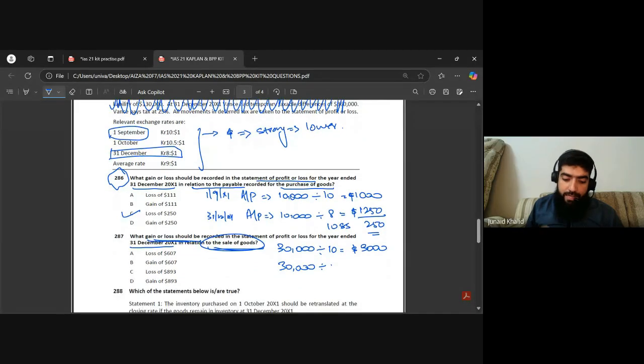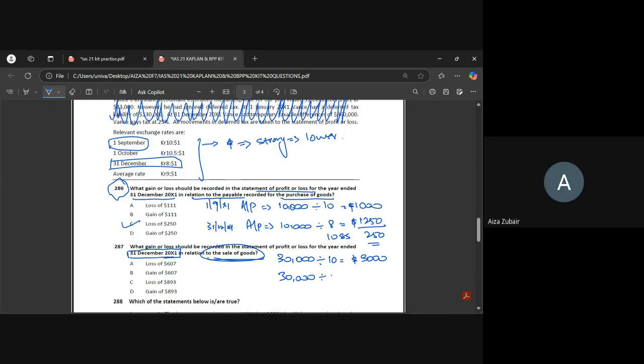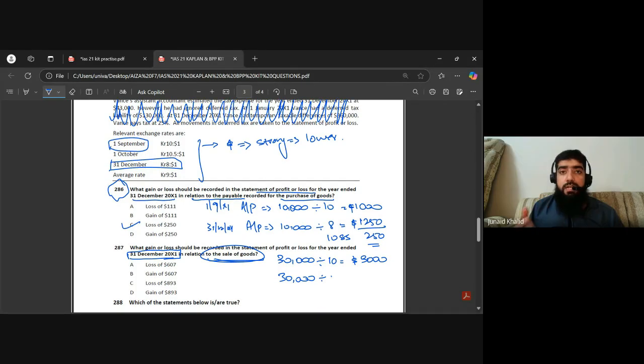No, we are calculating the exchange gain or loss not at the settlement date, but on the reporting date. Are you getting the point? We are not calculating the exchange gain or loss on the settlement date, 1st October. We are calculating it at the reporting date.